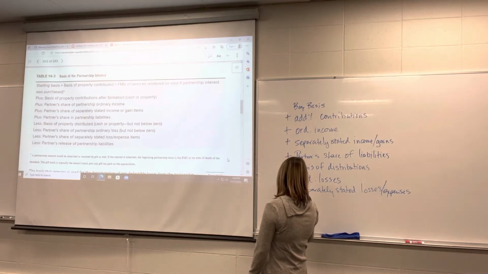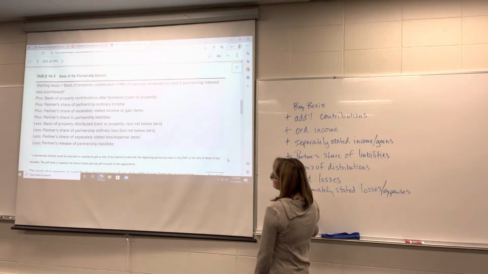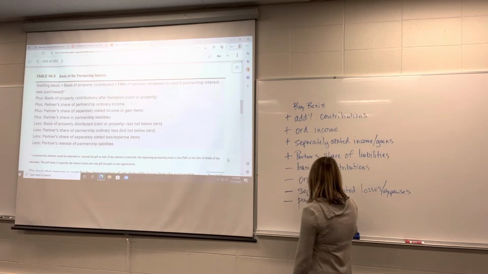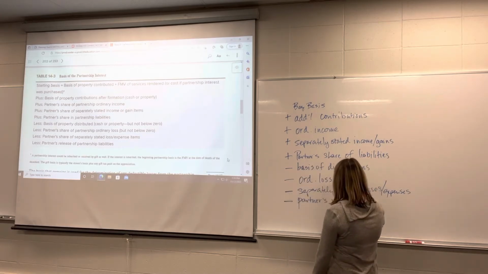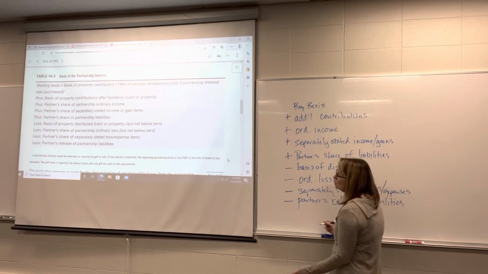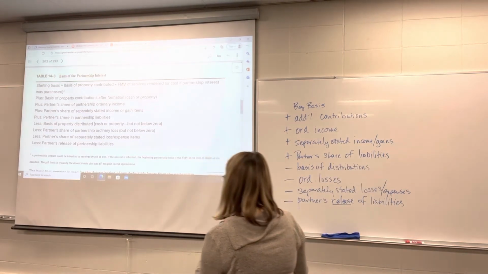And last, the partner's share of partner's release of liabilities. So the exact opposite of this one here. Release. So if they're no longer liable for those liabilities, right?